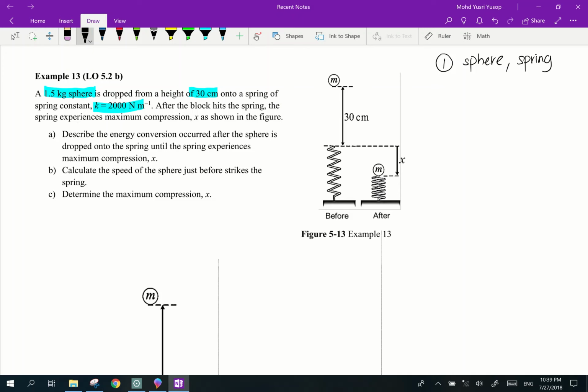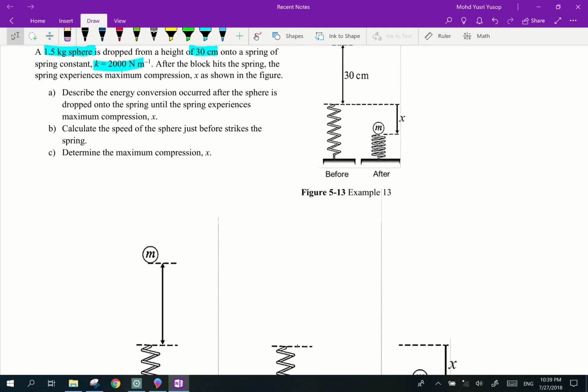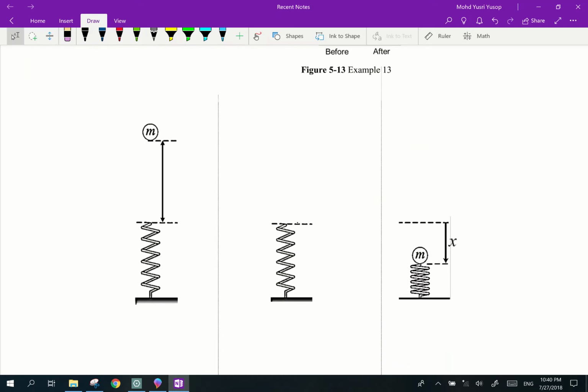So, untuk soalan yang pertama, dia kata, describe the energy conversion that occurred after the sphere is dropped onto the spring until the spring experiences maximum compression. So, pelajar-pelajar semua kena lukiskan 3 diagram sebagaimana yang ada dalam video ini.